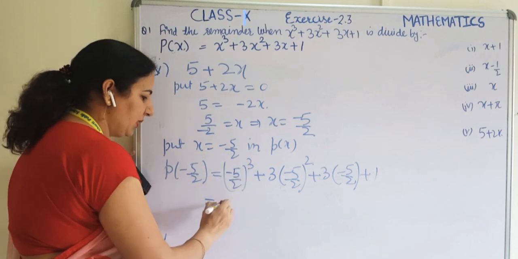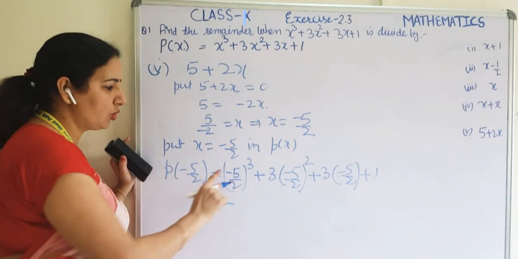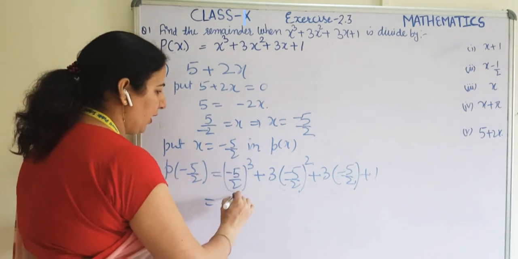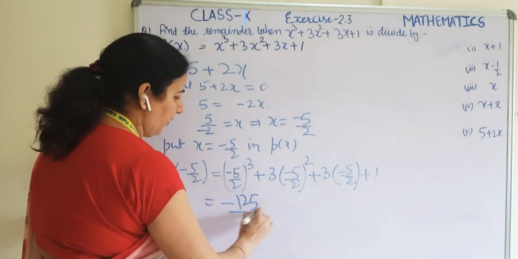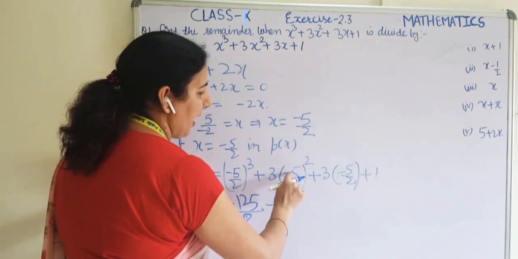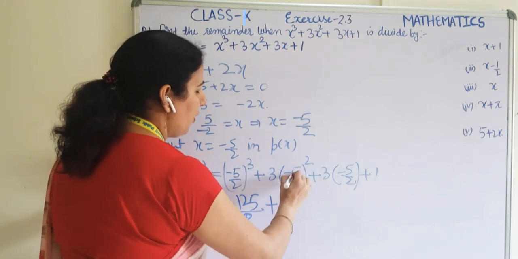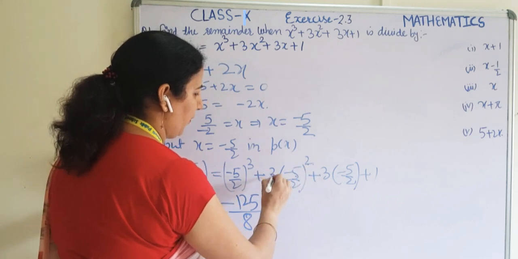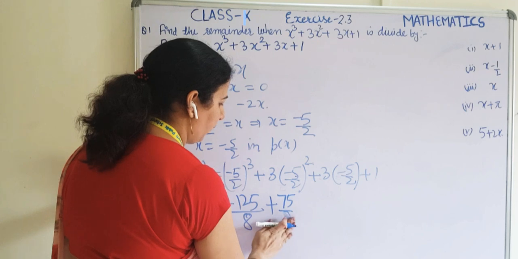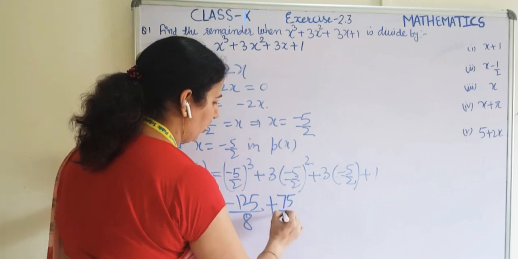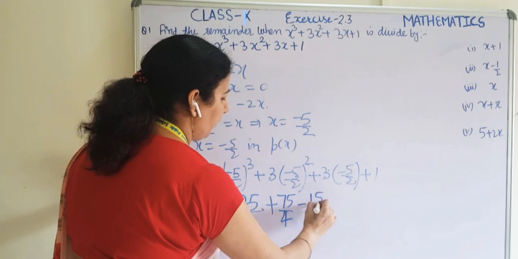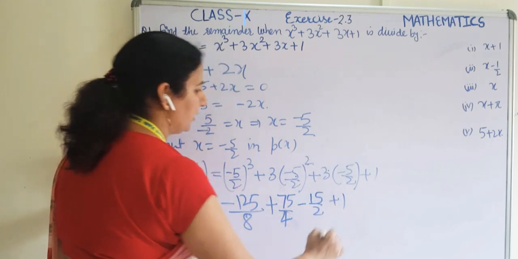Minus whole cube will have a minus sign because the power is odd. 5 cube is 125. 2 cube is 8. Minus 5 squared is plus sign. 5 fives are 25, 25 threes are 75, upon 4 because square is there.